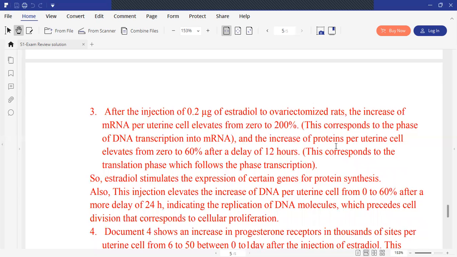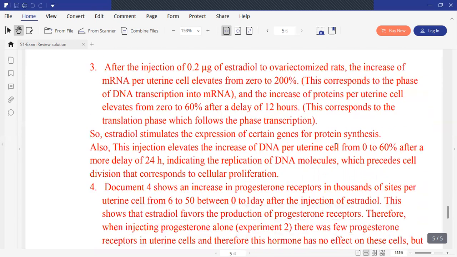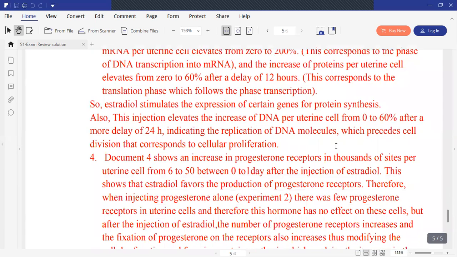Explain, based on document 4, the results of experiment 2. Document 4 shows an increase in the progesterone receptor, in thousands of sites per uterine cell, from 5 to 650 between day 0 and 1 day after the injection of estradiol. This shows that estradiol favors the production of the progesterone receptor.